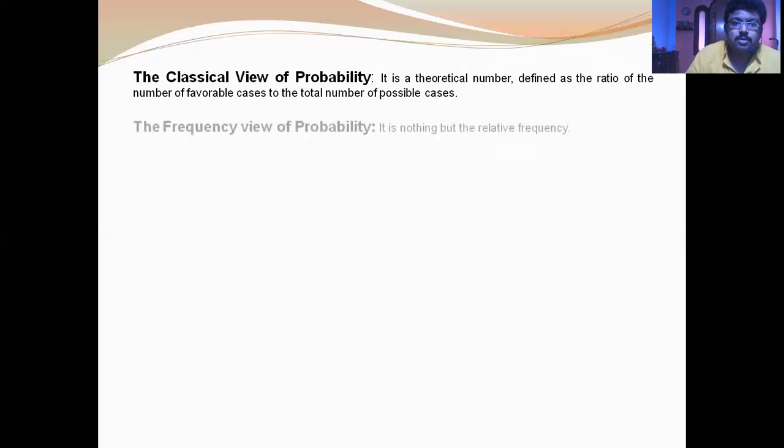Now, the frequency view of probability. It is nothing but the relative frequency. If you flip 3 coins at a time, then total outcomes will be 8 and getting one head is 1 by 8.